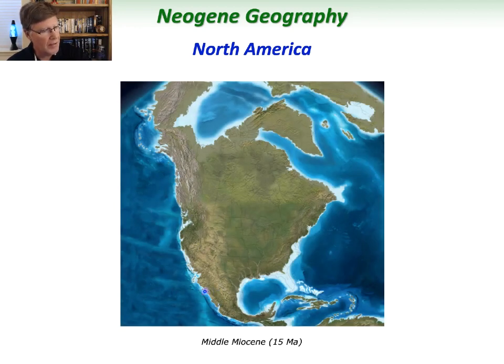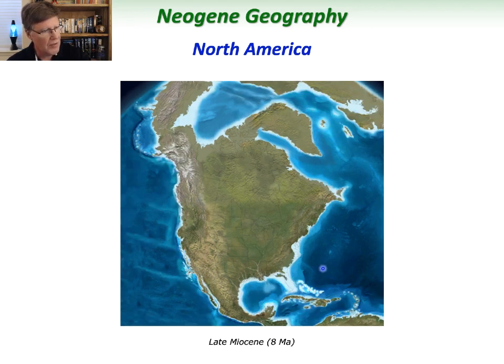One thing to look at is the evolution of the transform boundary on the west side of North America. This is about 15 million years ago, middle Miocene, and the San Andreas transform is in existence here, and part of it is moving this way and North America is moving this way, so a right lateral transform.